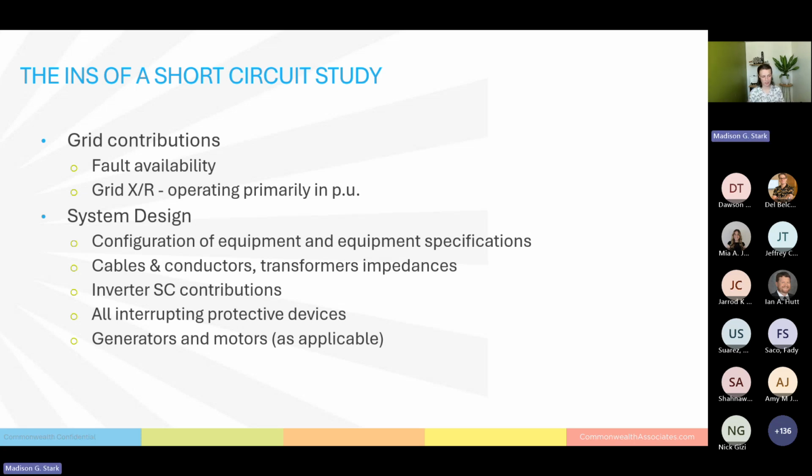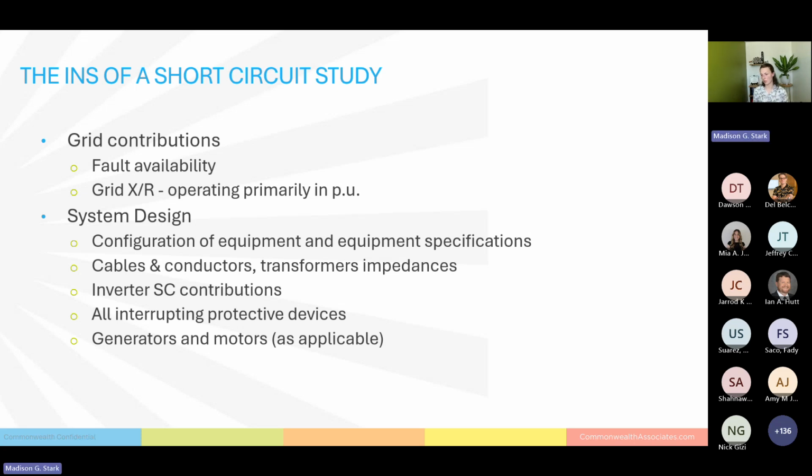Inverter short circuit contributions. If you have inverters on your site, you need to know how much they're contributing to that fault. It may not seem like a lot, but that coming in can push equipment ratings over the edge or keep it under, depending on how much they're actually rated to push. For all interrupting protective devices, obviously, you need their interrupting ratings and their withstand ratings. And then generators and motors.